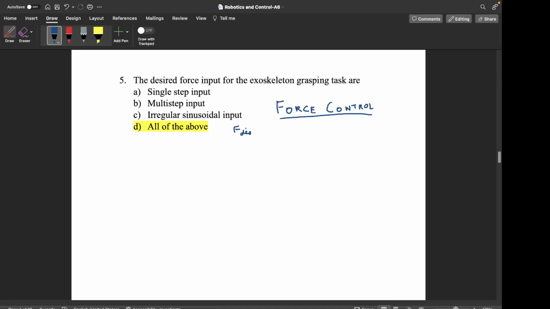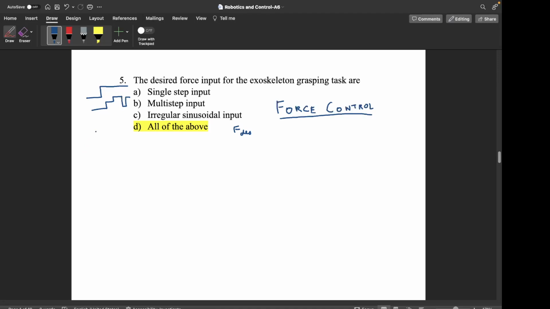And again, that's what the question is here. The desired force input could be anything, basically a single step input, right? That single step input would be no force and then a certain force, and then keep applying that force. Multi-step input, that okay, maybe there would be some force, then leave it or decrease the force, and then again.